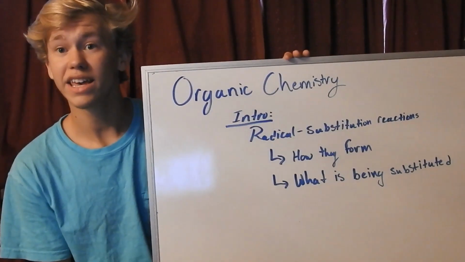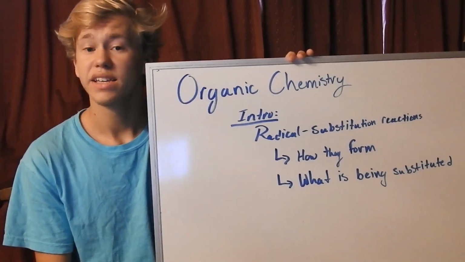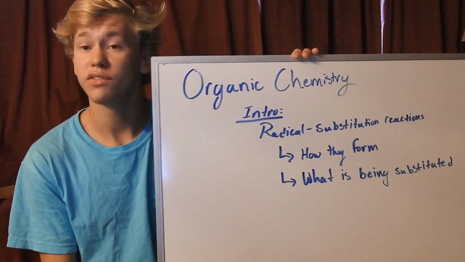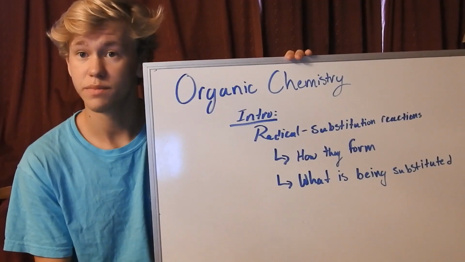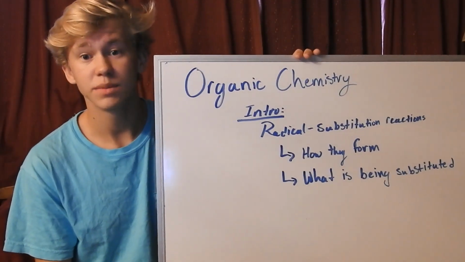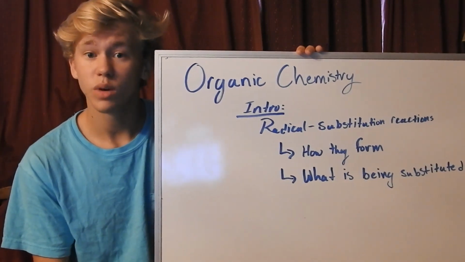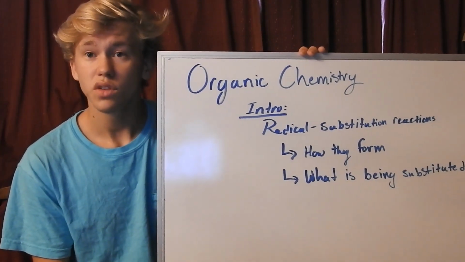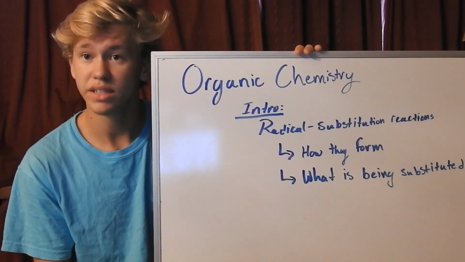So in organic chemistry, a radical substitution reaction is a substitution reaction involving free radicals as the reactive intermediates. Therefore, the reaction always involves at least two steps and sometimes possibly a third. It uses UV light as well as heat to create the free radicals from one diatomic species.